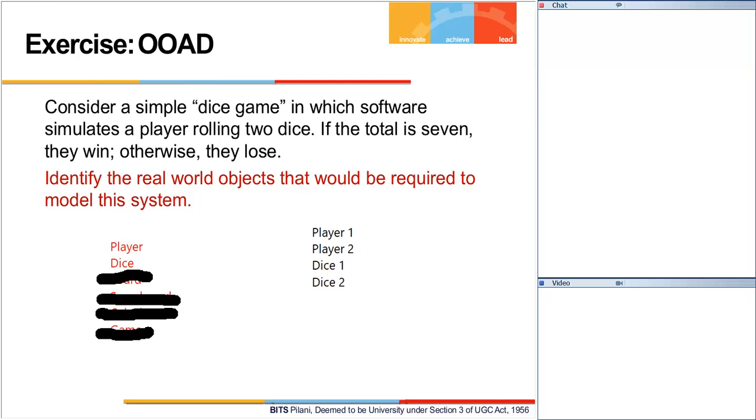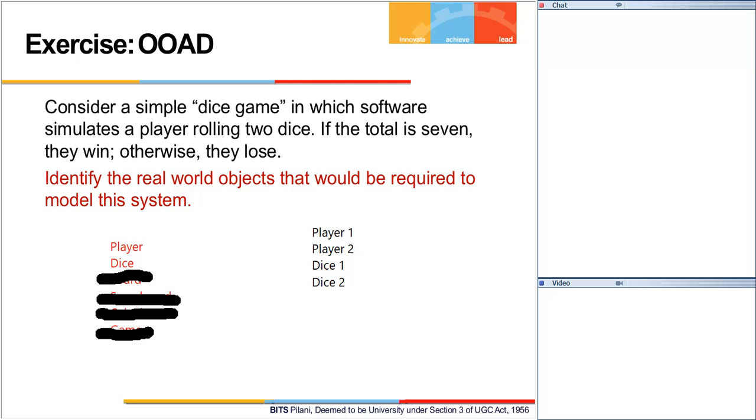I would probably need all these software classes to implement my system, and I will incorporate these software classes only when I design the solution. When you're carrying out an analysis of the system, you only need to identify the real world objects. We convert the real world objects into software objects and then add additional objects that may be required.